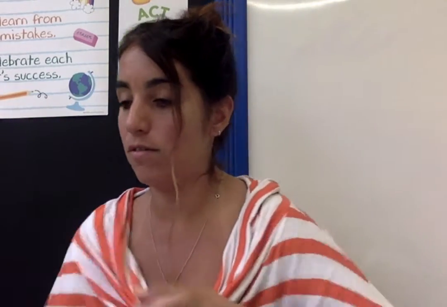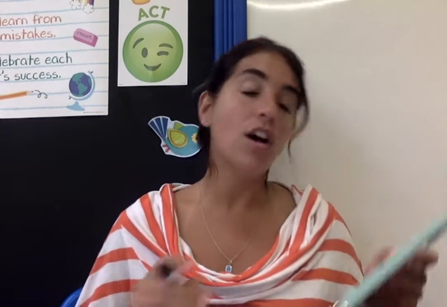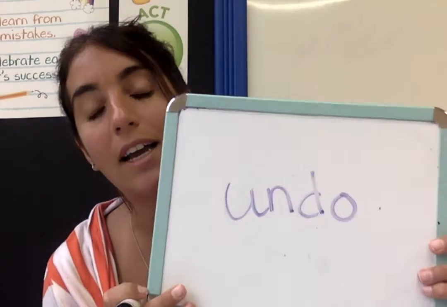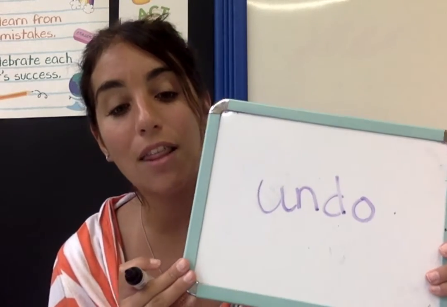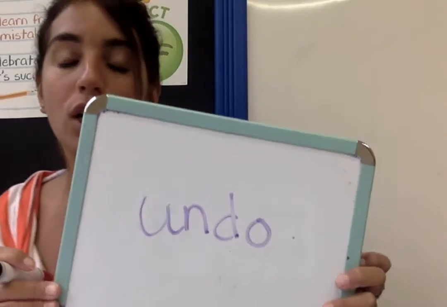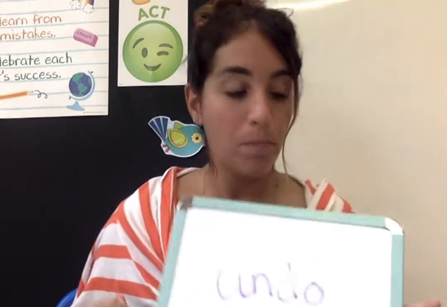Let's take a look at our first word here. Our first word here says undo. So I'm going to write that down right here, undo. So the first thing that we need to decide is, what is the root word of undo?